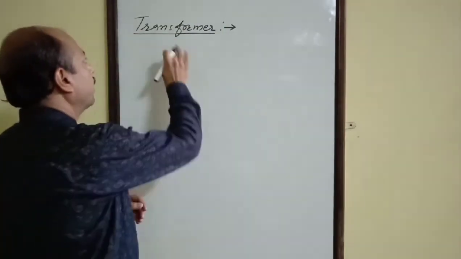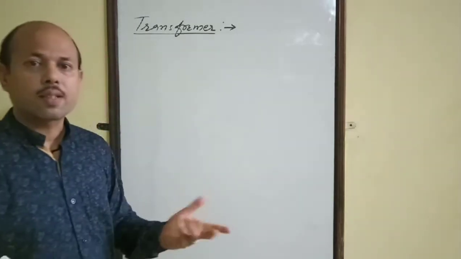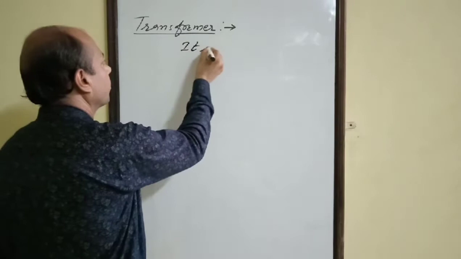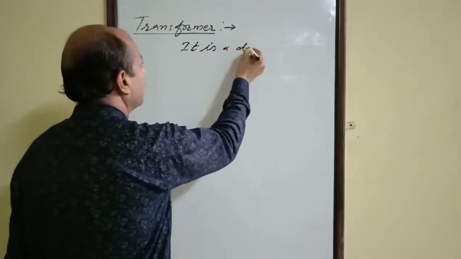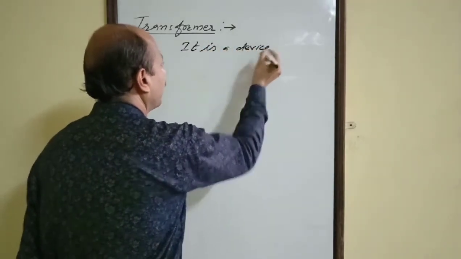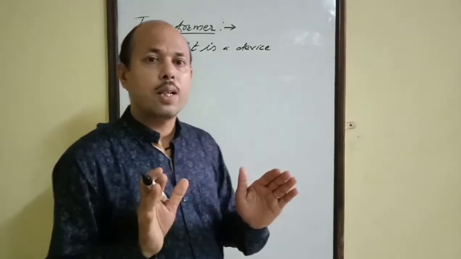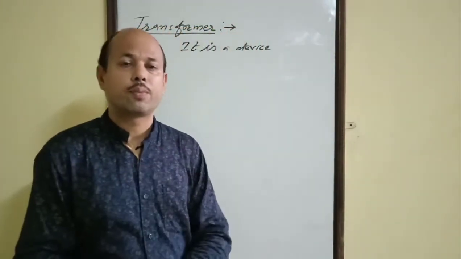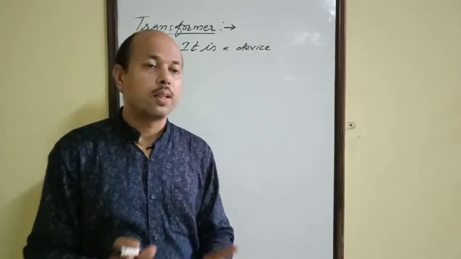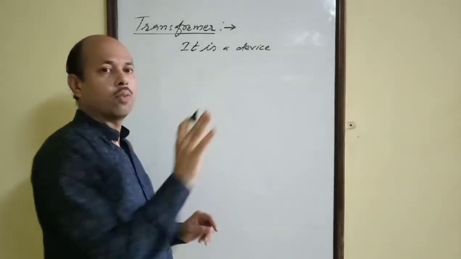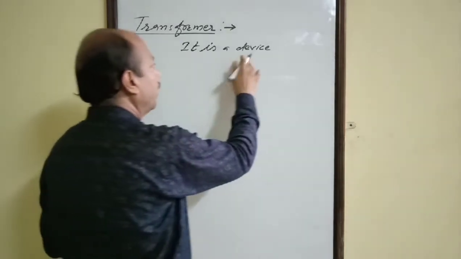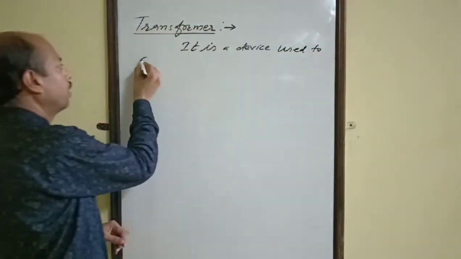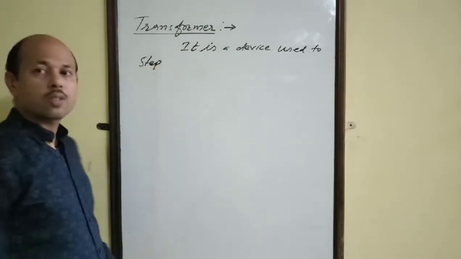Now what is a transformer? How can we define it? It is a device used to step up or step down the alternating EMF. It cannot be used for DC. It can be used only for AC.